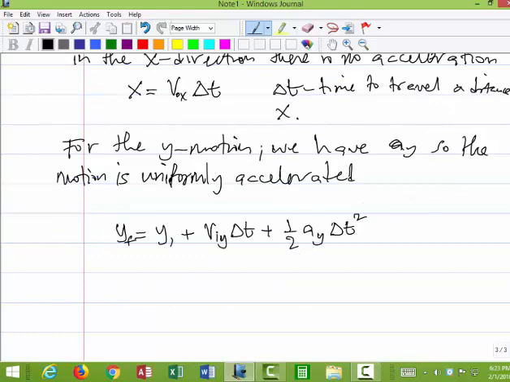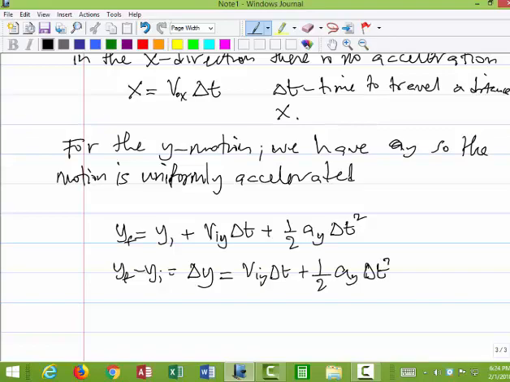This is from first semester kinematics. So y final minus y initial is the displacement delta y from the target, and it's equal to v initial y delta t plus half a y delta t squared.